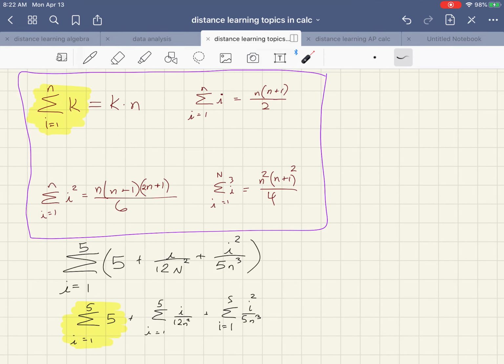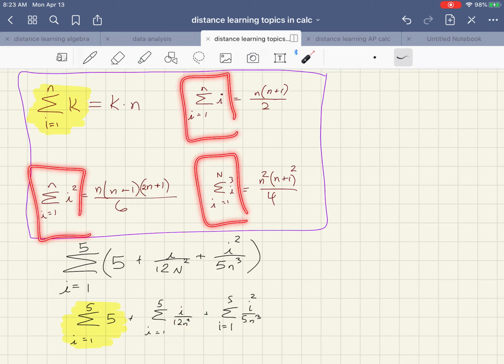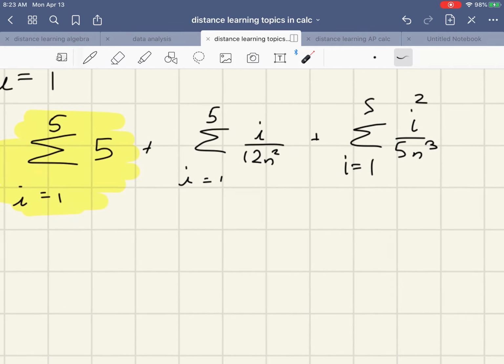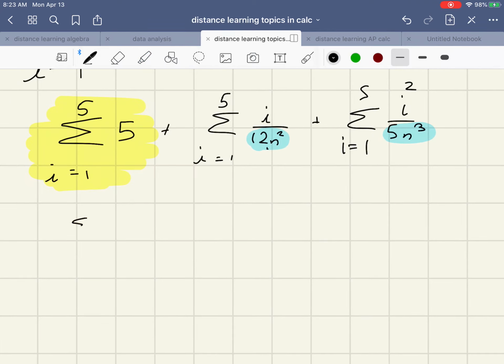Now, in the next problem, we have i over 12n squared. None of these contain an n in the formula. So we're going to take this one step further down here, and factor out anything that's not an i.